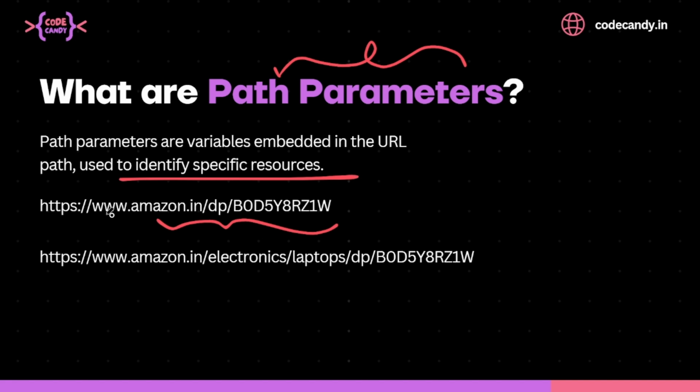Suppose I say Amazon.in, without giving any specifications. In the Amazon server, now I want this particular product ID. Here I am asking for the specific product from Amazon. This is called a path parameter.